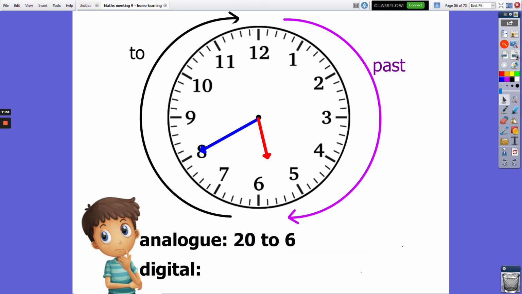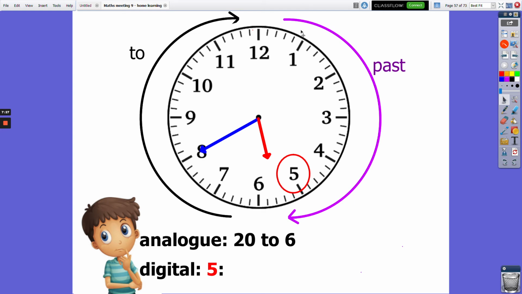Okay, let's look at our digital time now. Remember, digital time doesn't like telling it to times. Digital time only likes telling past times. So what hour have we just gone past? That's right, we've just gone past the 5. Well, how many minutes past the 5 have we got?